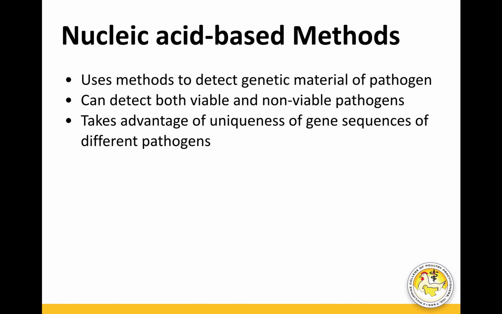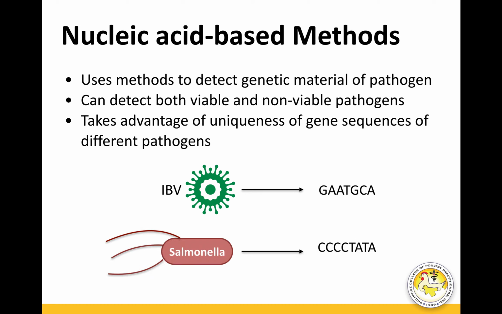For example, let's say we have two different agents here: bronchitis with this sequence in its genome, and salmonella with the sequence at the bottom. We can use basically the same chemistry, the same methods to detect, but we just change the sequence of the primers or the probes to make the test specific either for bronchitis or for salmonella.